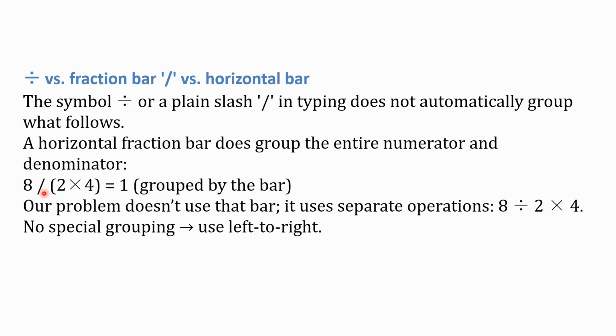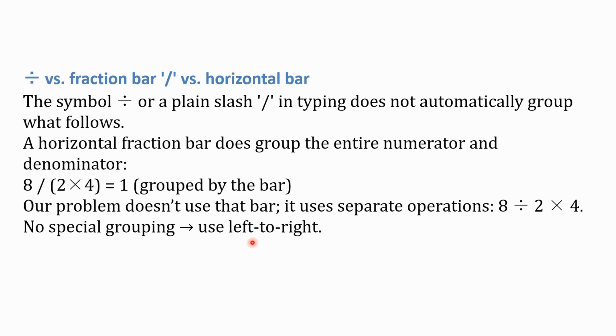So if you had a horizontal fraction bar, this is a slash. A horizontal fraction bar would be equivalent to the slash with parentheses around the 2 times 4. That signifies the 8 in the numerator and the 2 times 4, which also equals 8, in the denominator. But unless you have parentheses around this multiplication, or unless this slash becomes a horizontal line with the 8 above it and the 2 times 4 below it, then you are not going to get the answer of 1.